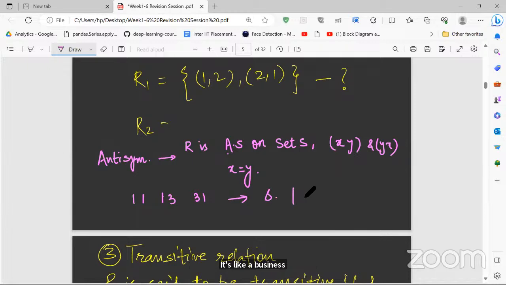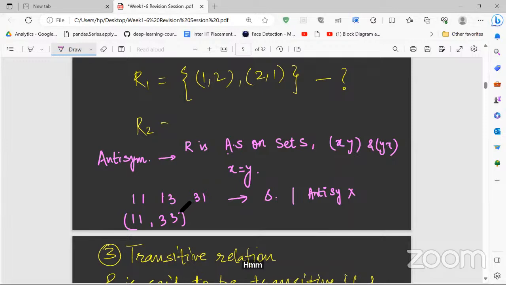Is this anti-symmetric or not? No, sir. It can't be anti-symmetric. Okay, x equal to 1. If we have 3, 3, will that make it anti-symmetric? If you have only 1, 1 and 3, then you can say it will be anti-symmetric.